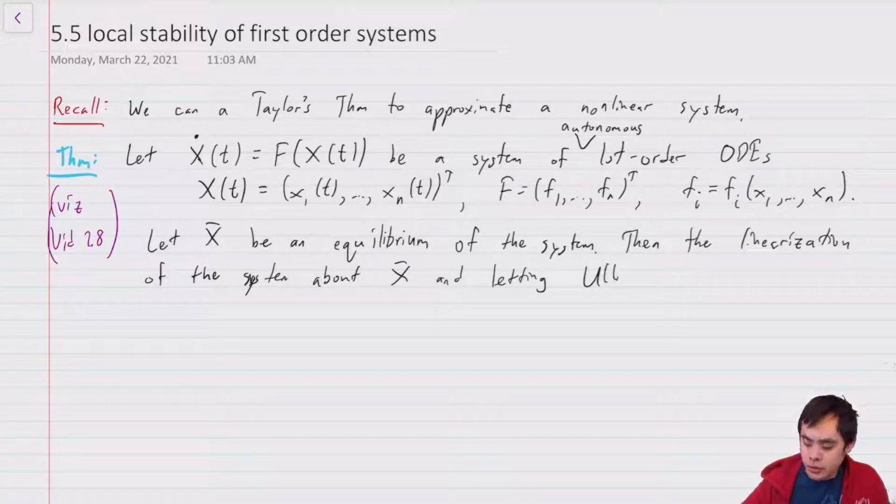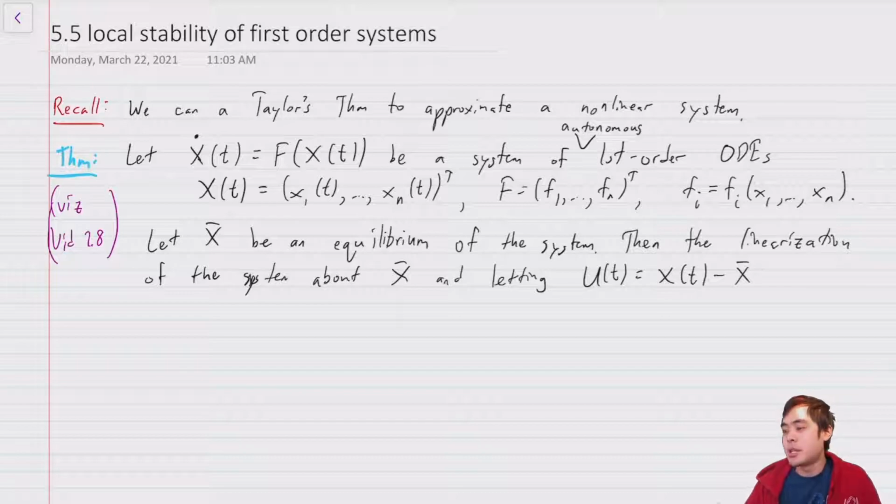Let's say u of t is equal to x of t minus x bar. So we're just recentering so x bar is the origin, and we're going to consider this as a linear system with the equilibrium at the origin.